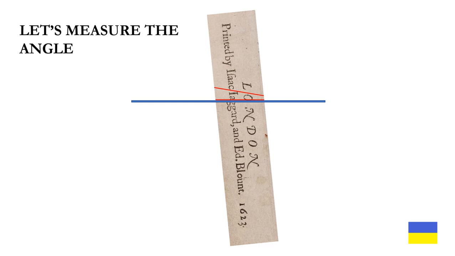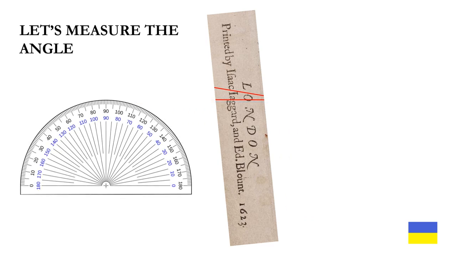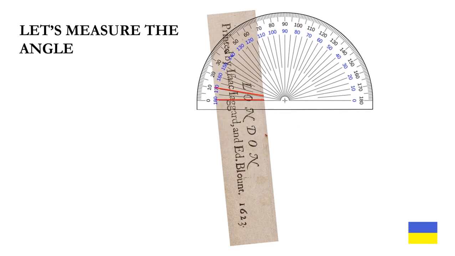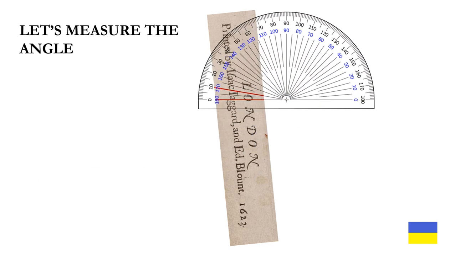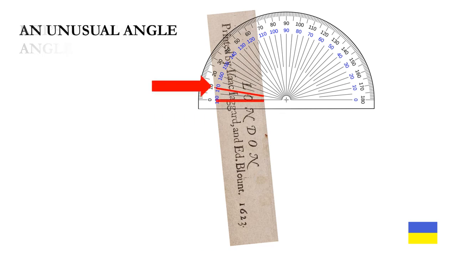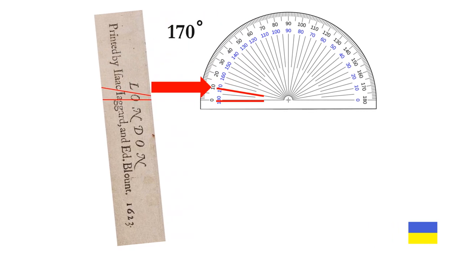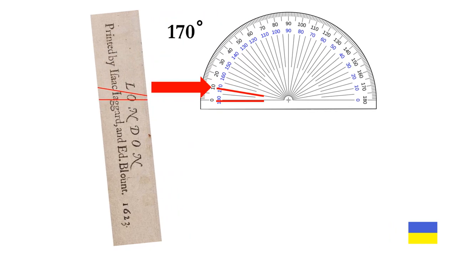We're going to use the right-hand line as our baseline, and then we're going to put the protractor over top of it. Notice that the lines make an unusual angle. (170°).